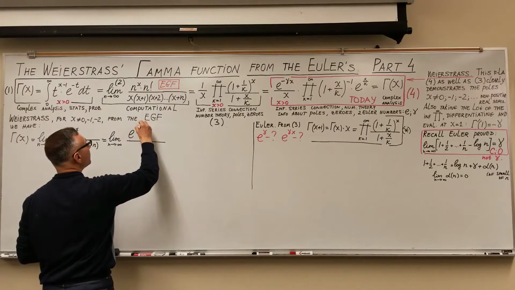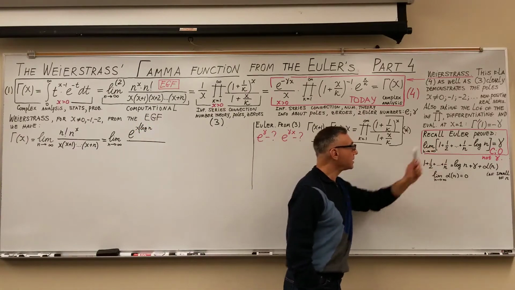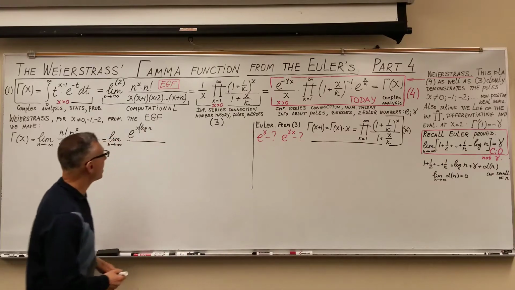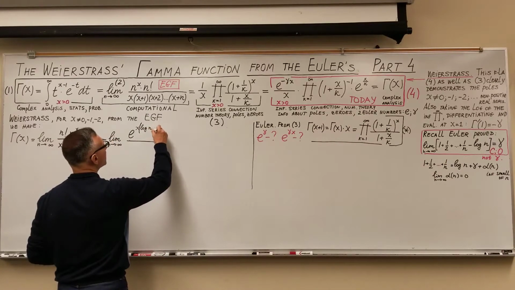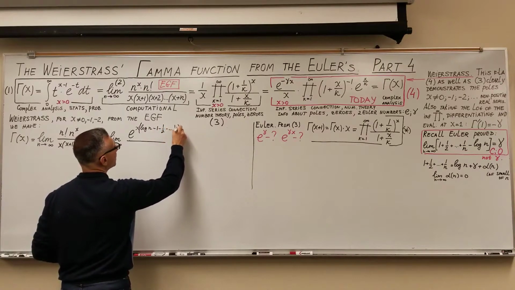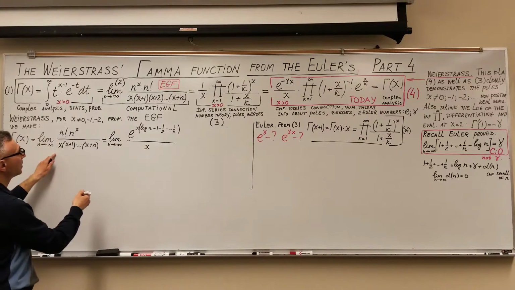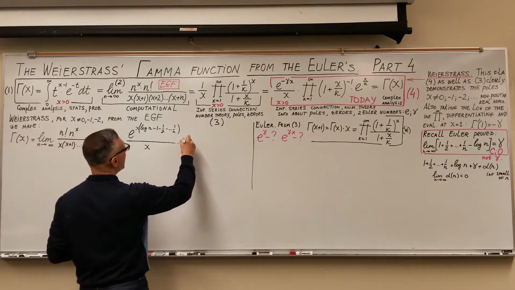So what if I bring the harmonic series under this power? So what if I subtract the harmonic series from here, minus 1 plus up to 1 over n, multiplied by this x, first x. I'm going to split it into a second fraction.